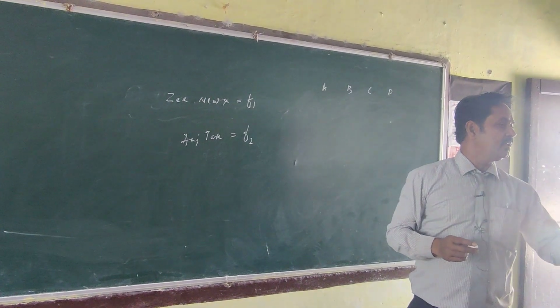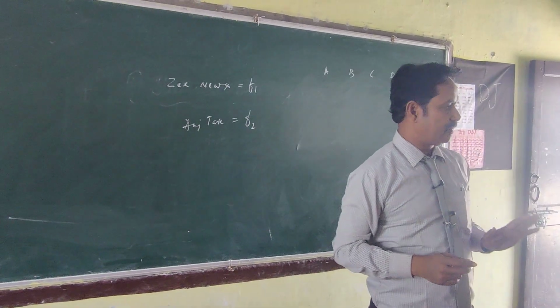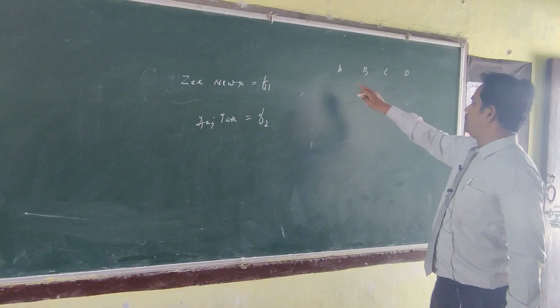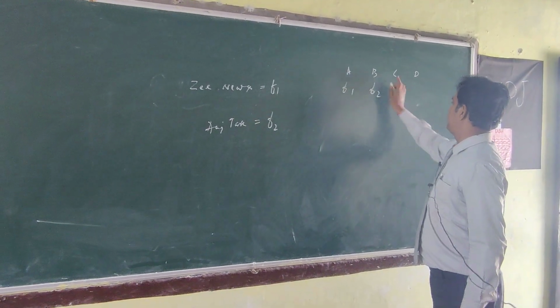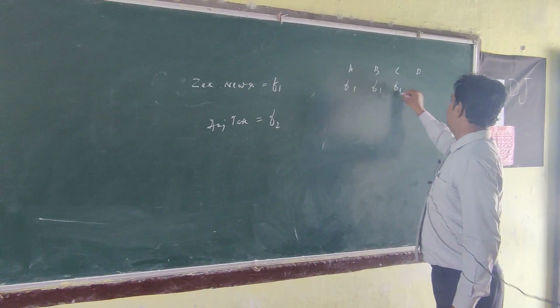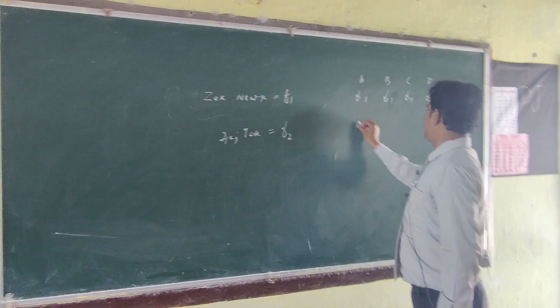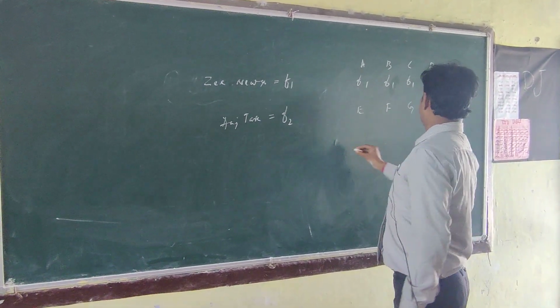Actually, you send a particular frequency to your television. House numbers A, B, C, D send frequency F1, and house numbers E, F, G, H send frequency F2.